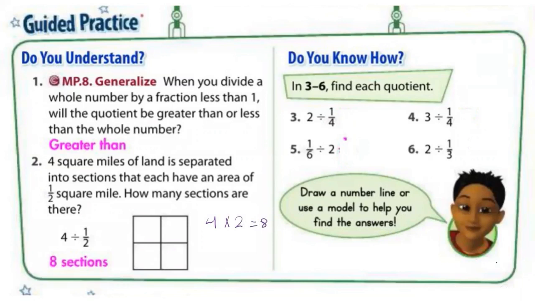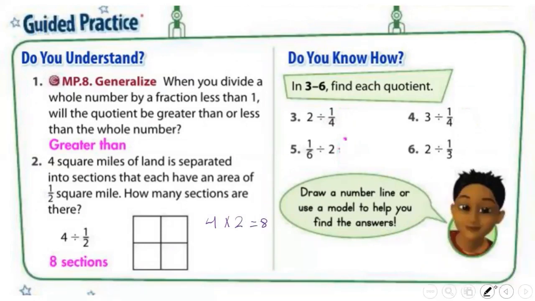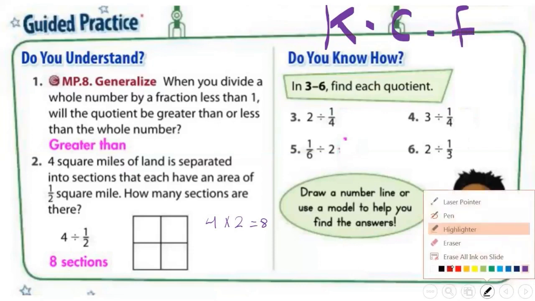Number 3, find each quotient. I mentioned at the beginning of my session that you are going to apply the KCF just for dividing a whole number by a fraction. So I will solve the first one, keeping 2 as it is.